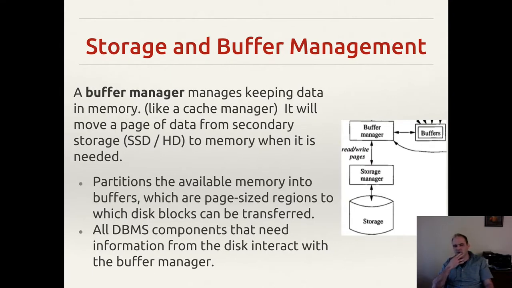For those of you who may not have had, say, an architecture course, or it may have been a while and it's not something that's fresh in your memory, I want to just touch on it briefly because it's a good analogy of exactly what a buffer manager does.